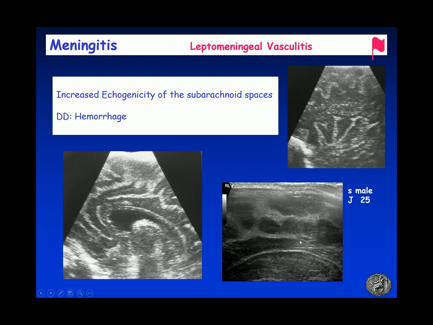Of course, these thickened subarachnoid spaces, which are highly echogenic, may suggest two things, either infection or hemorrhage. And of course, you should base your finding on the clinical story of the child, the clinical picture of the patient, the clinical information, and decide if this is blood or infectious material.